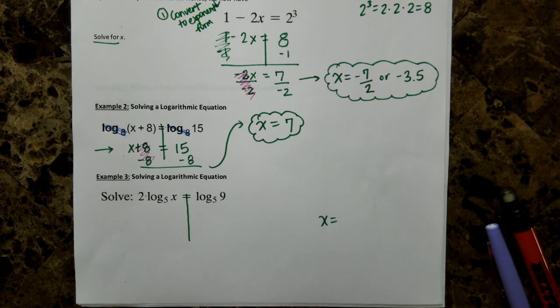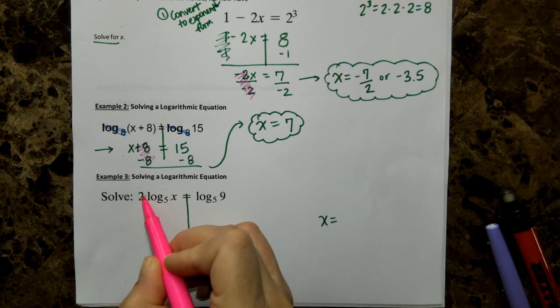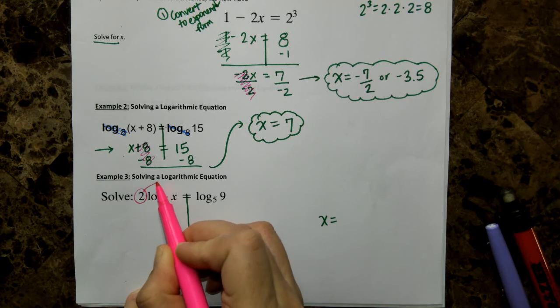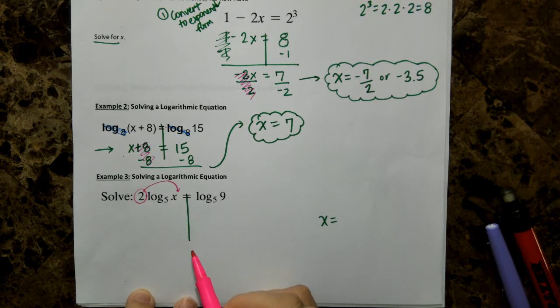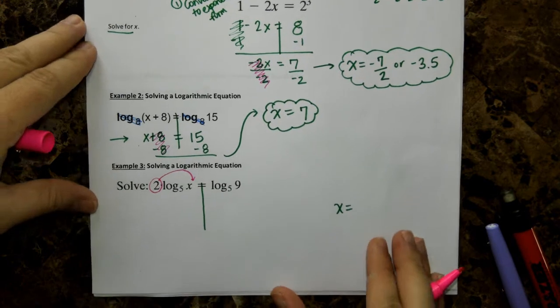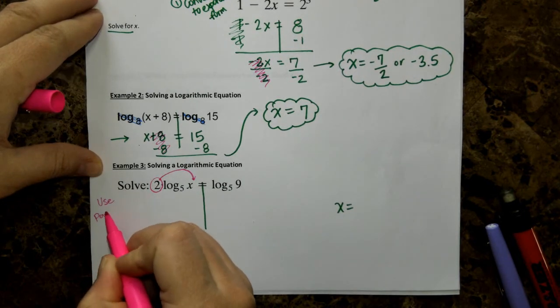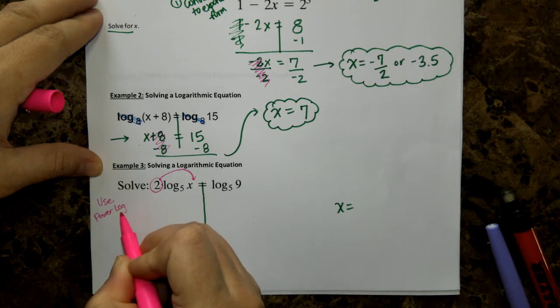But if you remember, when we covered logarithmic properties, that was the last chapter that we just covered, anytime you have a coefficient, meaning a number in front of a logarithm like this 2, you can always rewrite it without changing the value by moving it to the exponent. So what I can do is use my power log property.